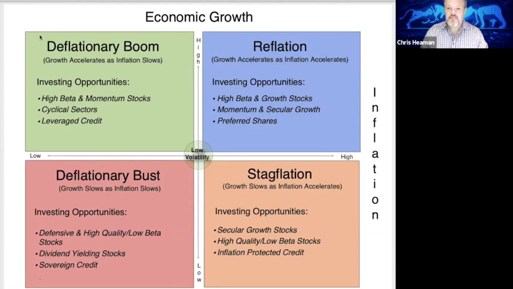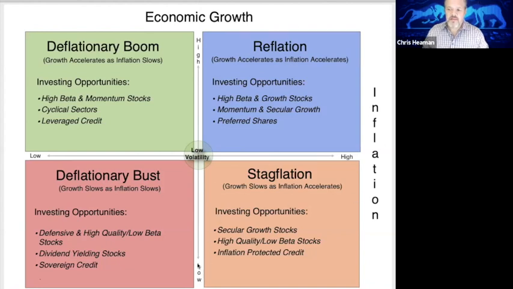Okay, so in my little view here, we've got these color-coded areas. Right now, we are in this stagflationary orange box on the bottom right-hand corner. And on the axis here in the middle, it talks about economic growth at the top and inflation.